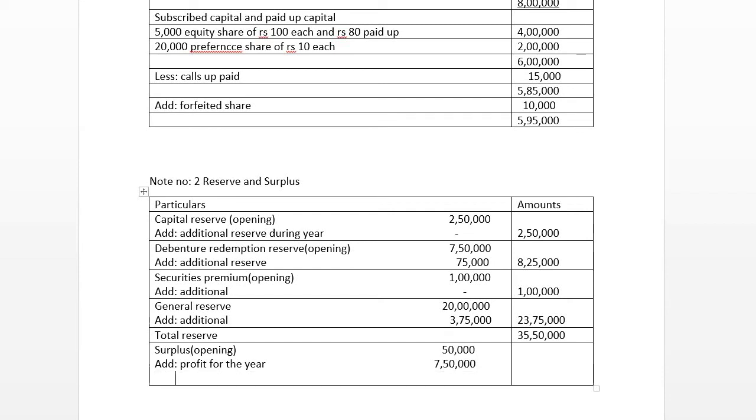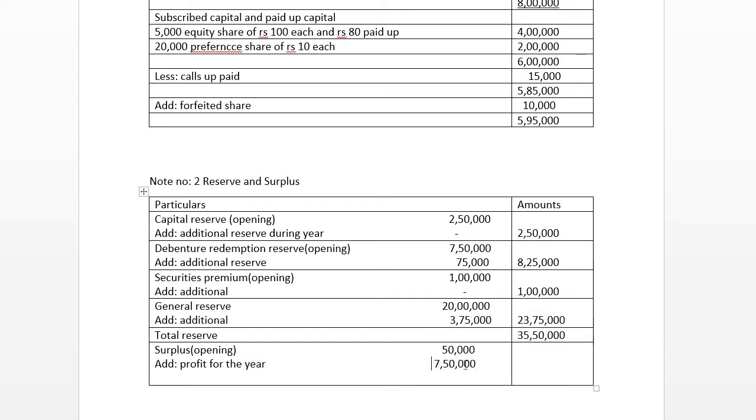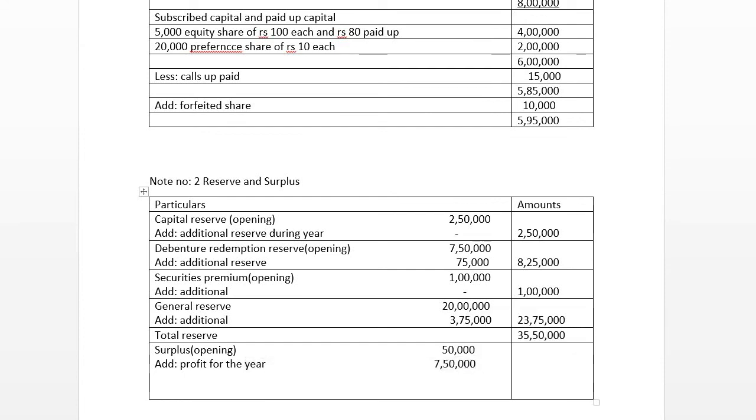At that time, when we add the amount of the surplus, 50,000 plus 7,50,000 is equal to 8 lakh.